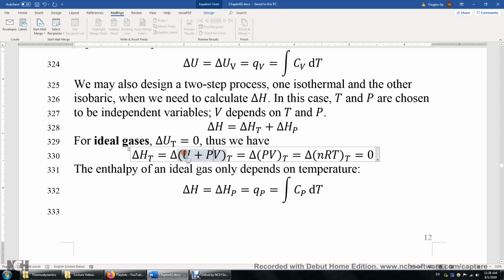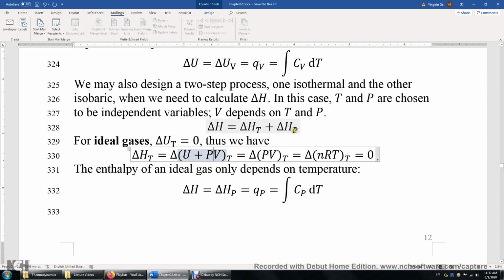And we learned that this U doesn't change. And also PV doesn't change because for an ideal gas, PV equals nRT. If temperature is a constant, then the change of nRT is zero. Delta PV is zero. Therefore, delta H in an isothermal process is zero.